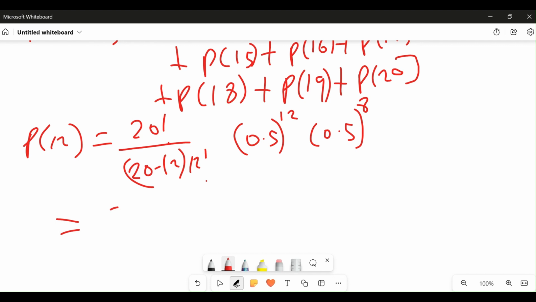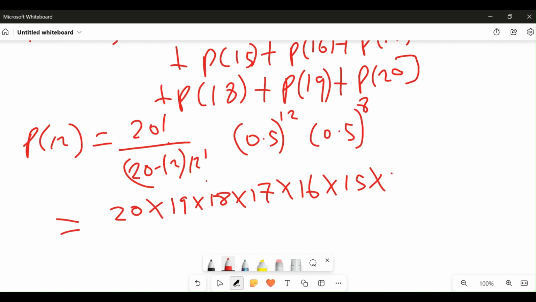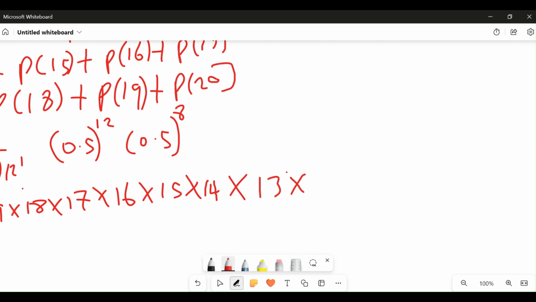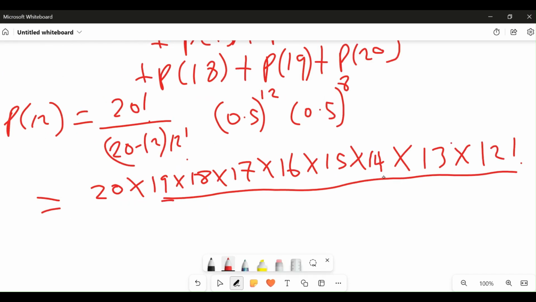So 20 factorial is 20 times 19 times 18 times 17 times 16 times 15 times 14 times 13 times 12 factorial, everything divided by 8 factorial times 12 factorial.